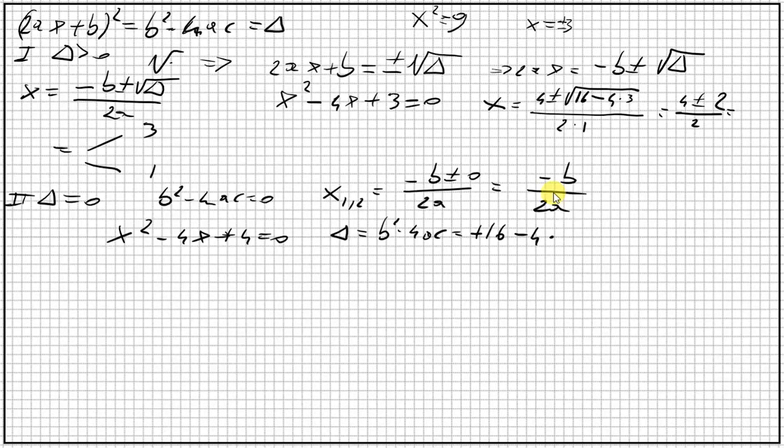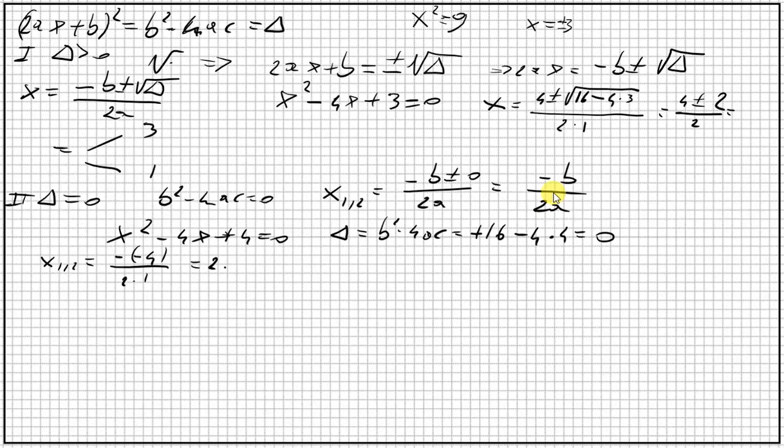A is 1, c is 4. 16 minus 16 is 0. So x1 and 2 is minus b, which is minus minus 4, divided by 2 times a, which is 1, so 2. On numerator we have 4, denominator we have 2, so 2.